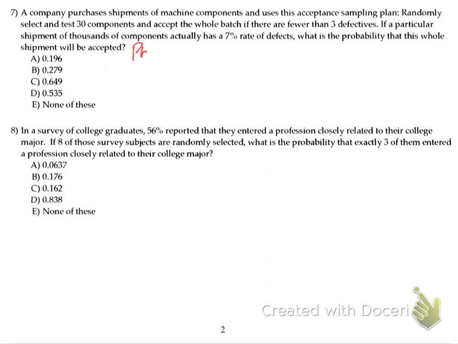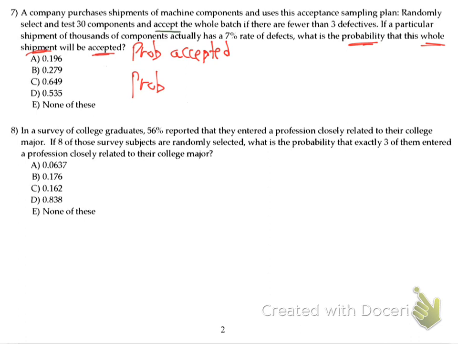So look, I think we should start with their actual question. The probability the whole shipment is accepted. So that's really their question. What's the probability it's accepted? And then kind of backtrack from there and ask yourself, okay, they want to know the probability it's accepted. What has to happen for it to be accepted? What did they say in the words has to happen for it to be accepted?